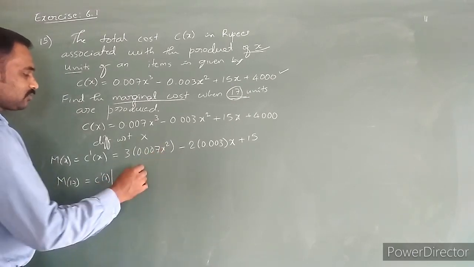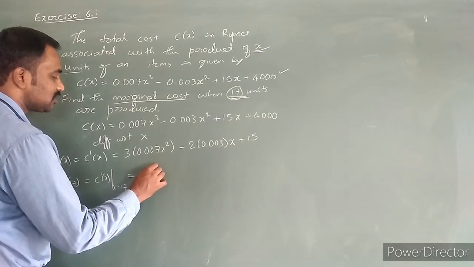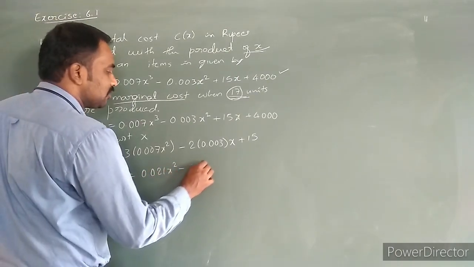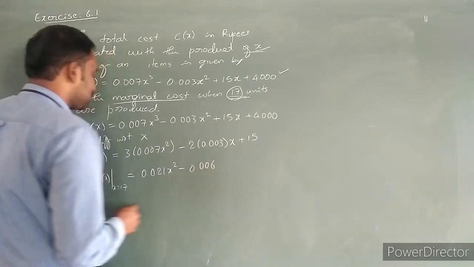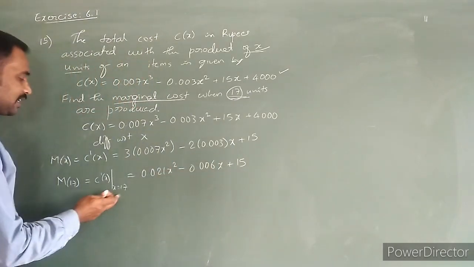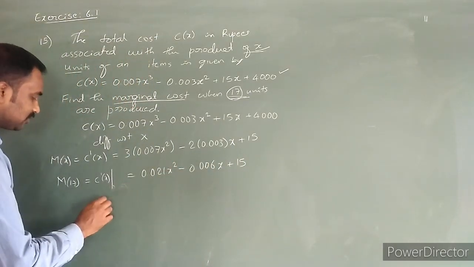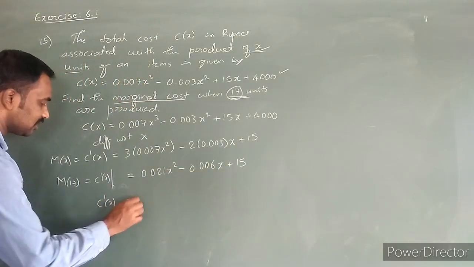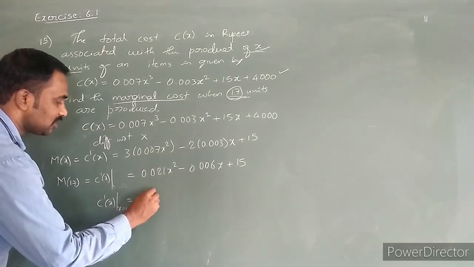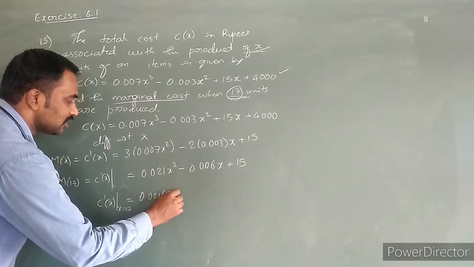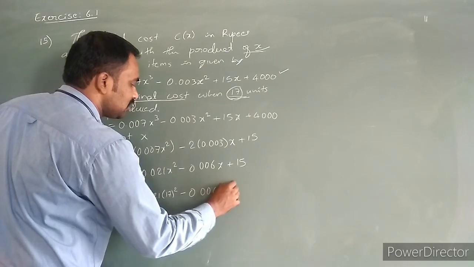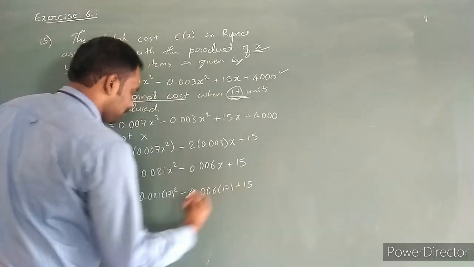So M of 17, or C dash of x at x equals 17. What will we get? This is 0.021 x square minus 0.006 x plus 15 at x equals 17. So the marginal cost at x equals 17 units is 0.021 into 17 square minus 0.006 into 17 plus 15.